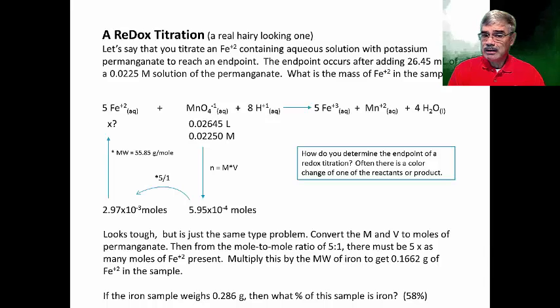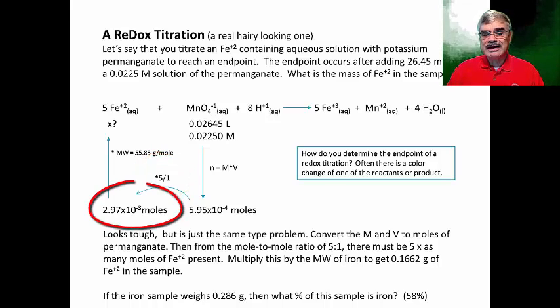If we go back up and look at the balanced reaction, every 1 permanganate will react with 5 iron plus 2s. So we multiply by the ratio of 5 over 1. So 5.95 times 10 to the minus 4th moles of permanganate will react with 2.97 times 10 to the minus 3rd moles of iron plus 2.